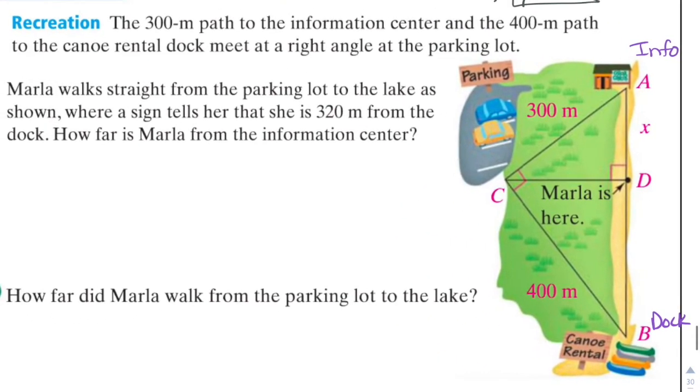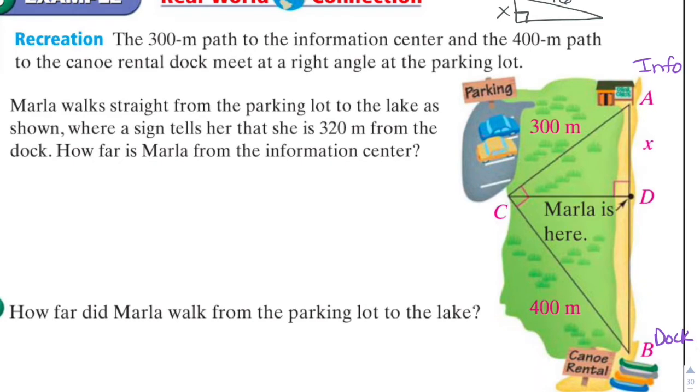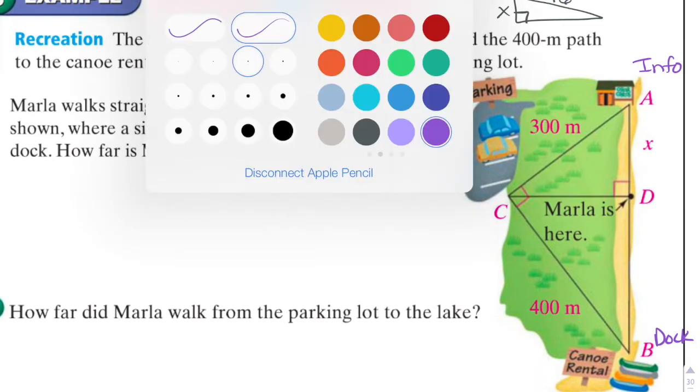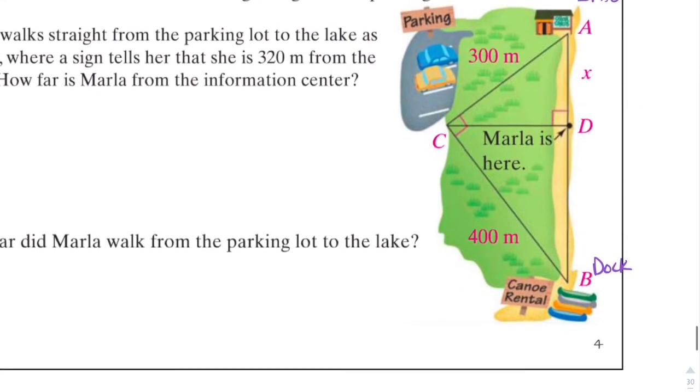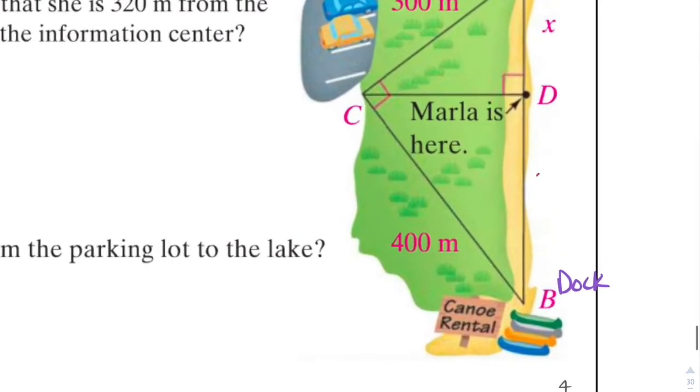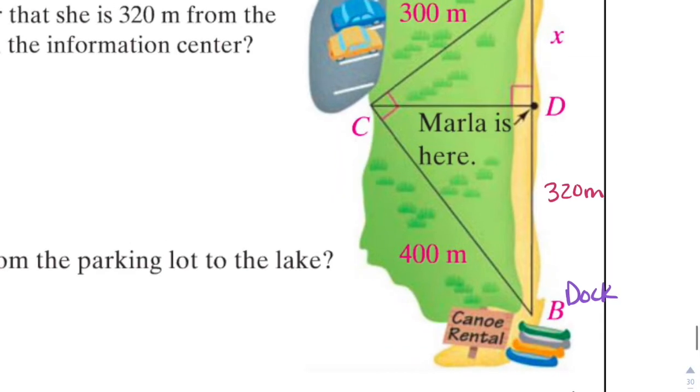We're also given that when she walks from the parking lot to the lake, she sees a sign, and that sign mentions that she is 320 meters away from the dock. So that information is relevant. I'm going to label that side DB, 320 meters.